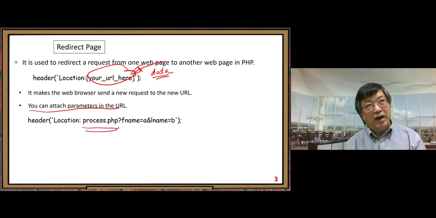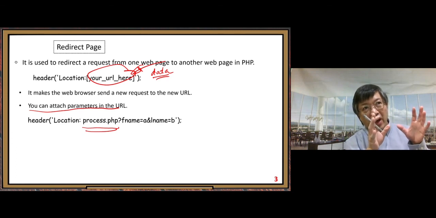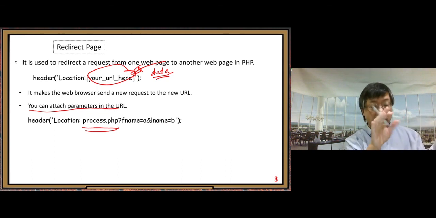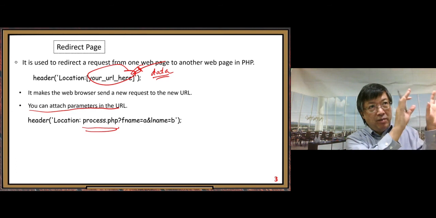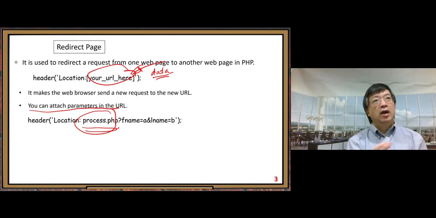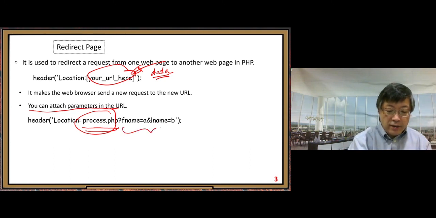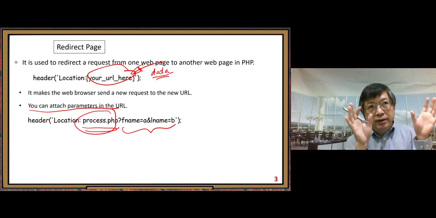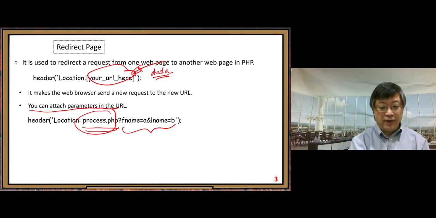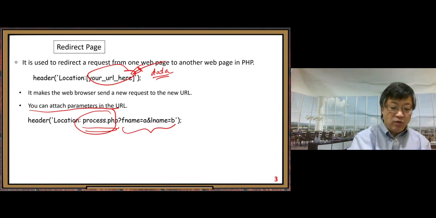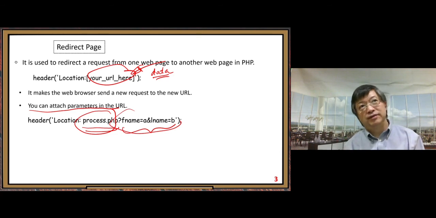I just want to use the current path, the current page, but under the current path, the file name process.php. After that, I attach some parameter data in this way. Then my user's browser will visit this page with this data. That's it, so that's simple.